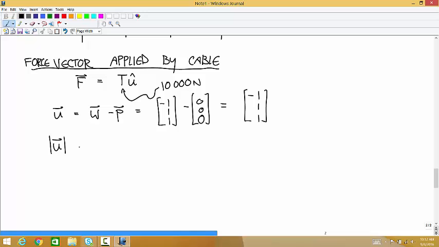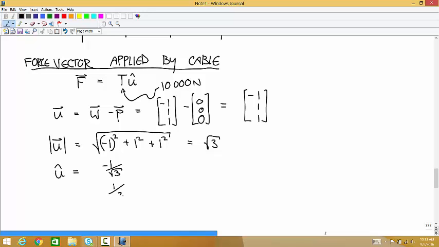So the magnitude of that u vector is the square root of negative 1 squared plus 1 squared plus 1 squared, which is root 3. And so the unit vector is negative 1 over root 3, positive 1 over root 3, positive 1 over root 3.